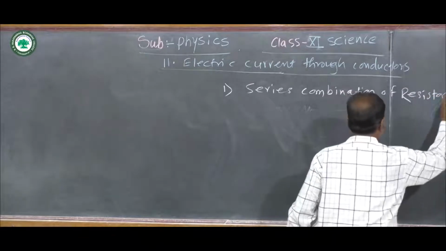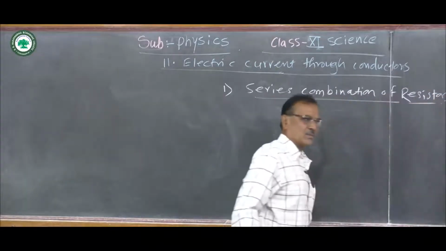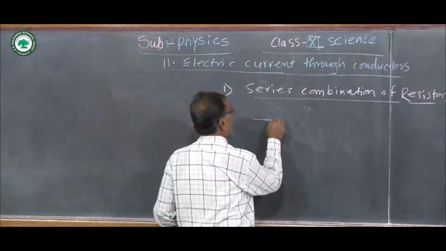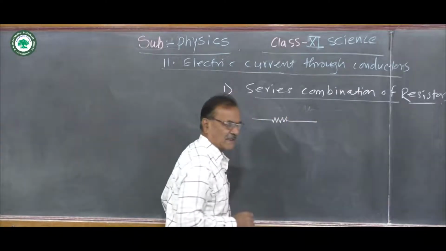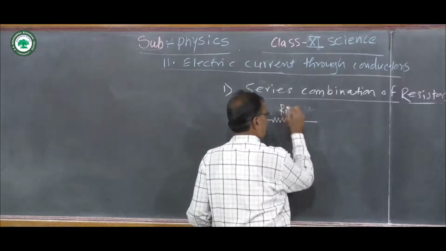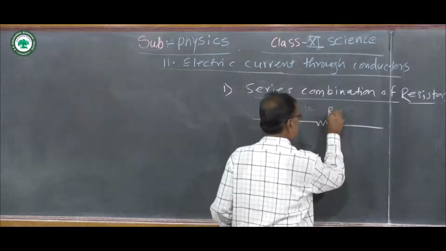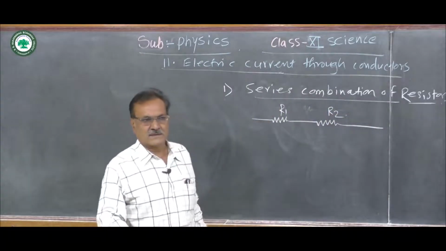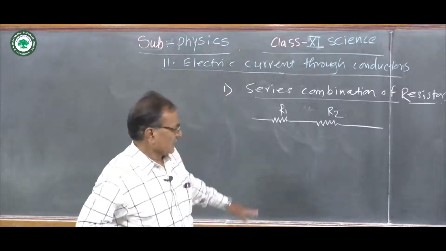Now, we will consider here the number of resistors as 2. That is, 2 resistors are connected in series, meaning they are connected one after another. Suppose this is R1, and another resistor R2 is connected. So, one after another is connected to each other. It means series connection.